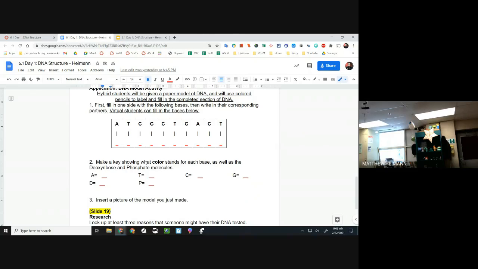Okay? So I got colored pencils up here, pencil sharpeners, and the paper. You're going to use these letters on your documents for these DNA models.